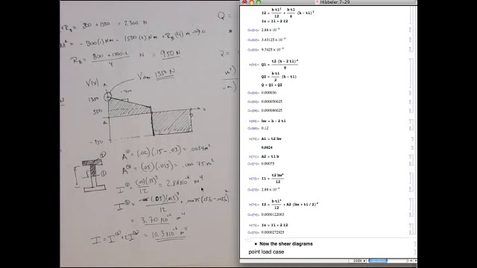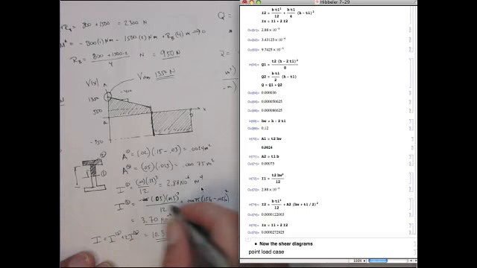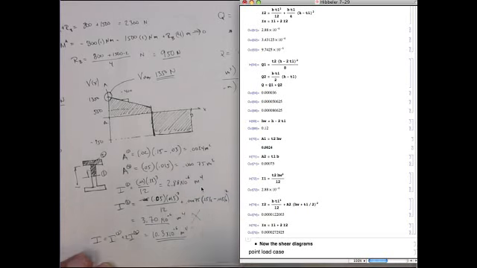I think I just made a mistake in the hand calc, okay? I have a little error here, and I think the equation's right. I think when I put everything into my calculator, I probably screwed up. All right. So actually the I looks good, and this equation looks good.